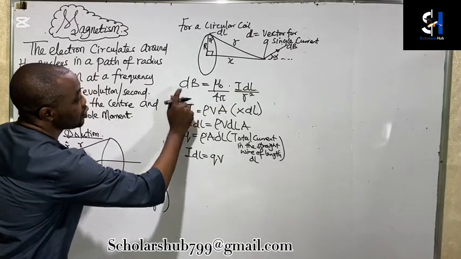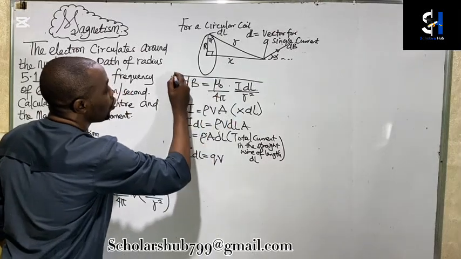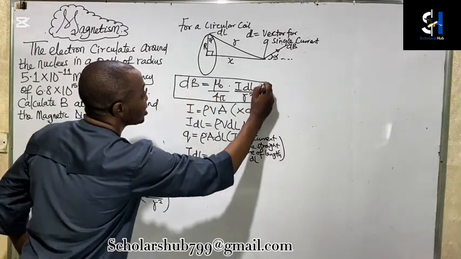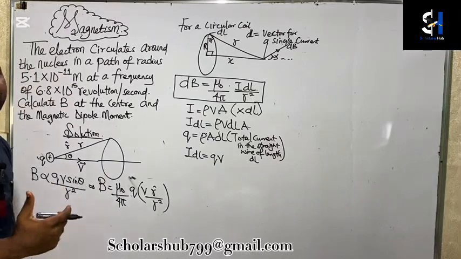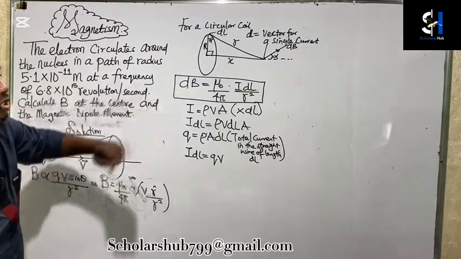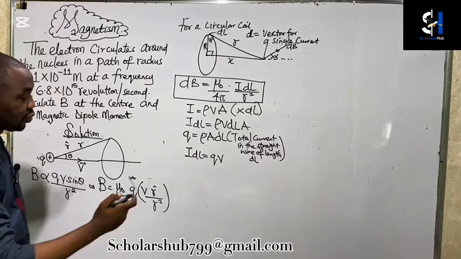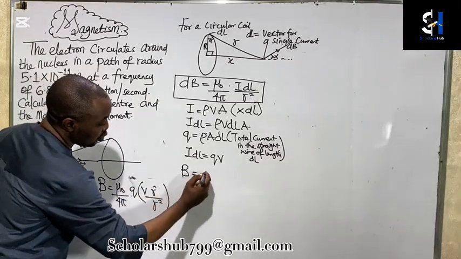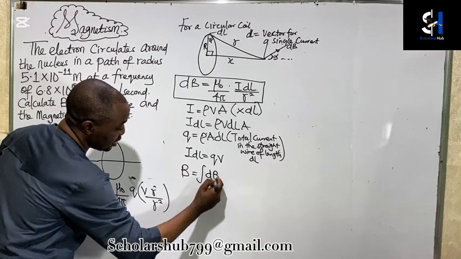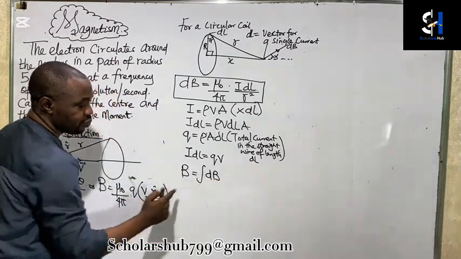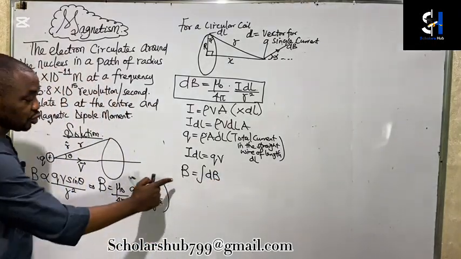So in this case we have the magnitude of the magnetic field of the elemental material. This is it. Then we know that from the concept of integration, when we write B equals the integral of dB, when we integrate with respect to B, we're going to have B.